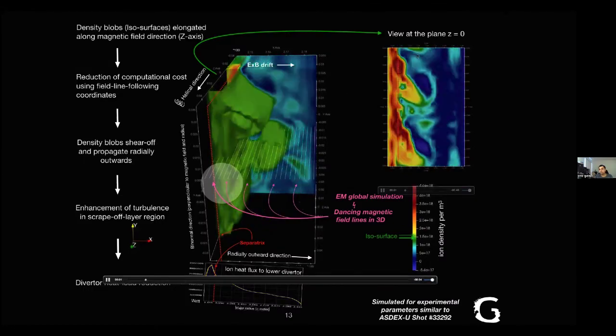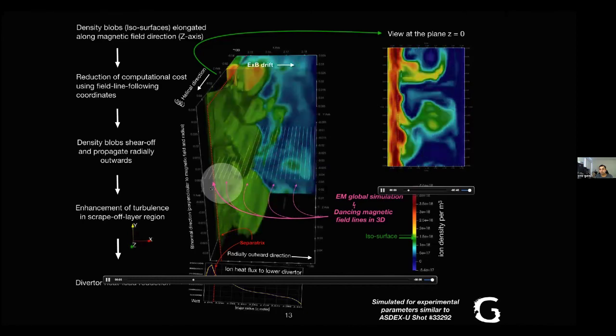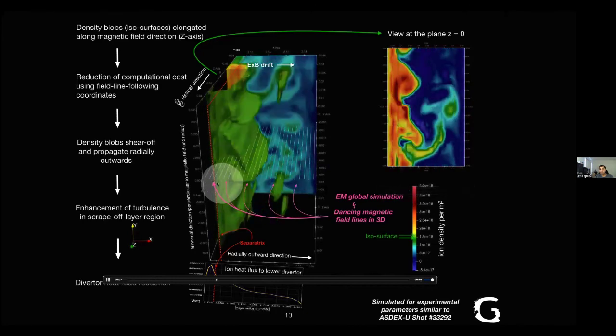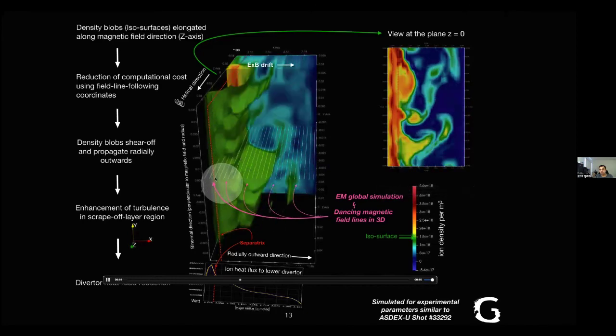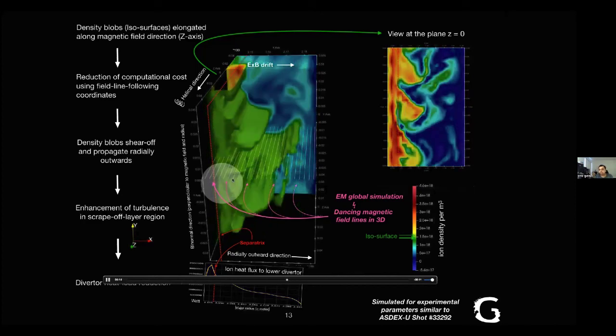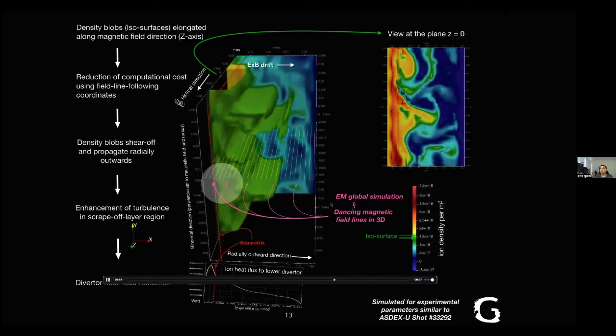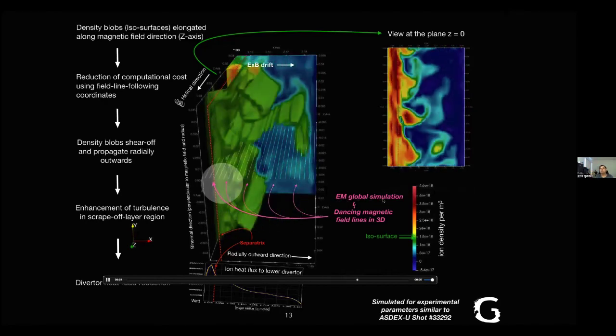This is a view at z equal to 0. You have already seen this movie. Earlier people used to do electrostatic simulations, and you can see now the magnetic fields are actually vibrating. For ASDEX, it's not that important, but when we simulate for ITER, going for full electromagnetic simulation will be very important.